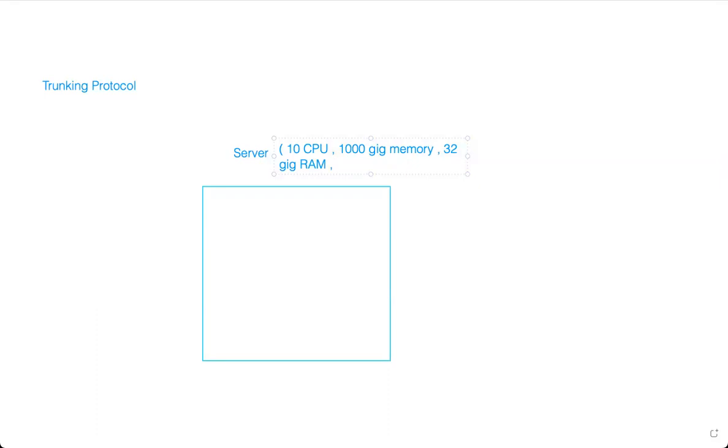So this server has this amount of capacity in terms of CPUs, memory, and RAM. And a hard disk, right? This is the hard disk. We can call it a 1000 gig HD. And 32 gig RAM.